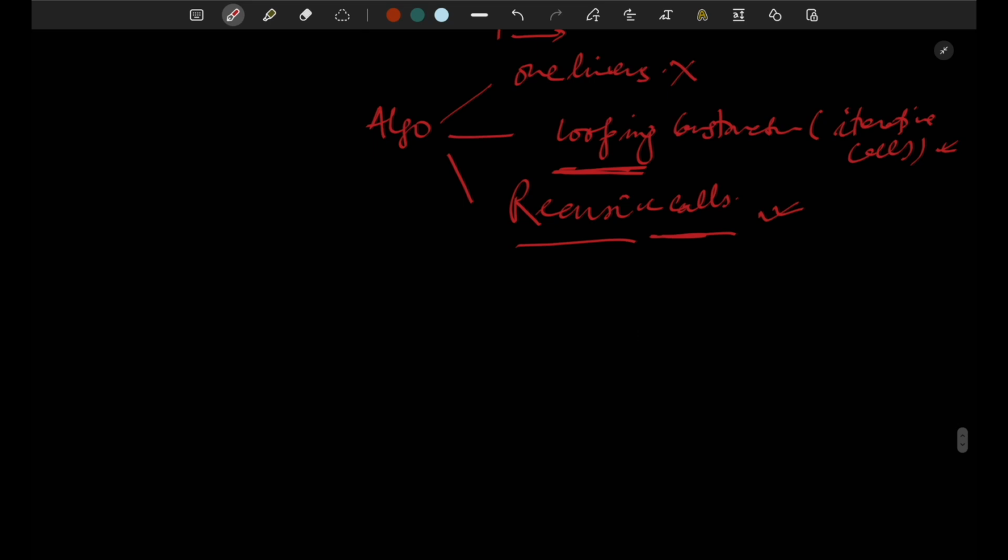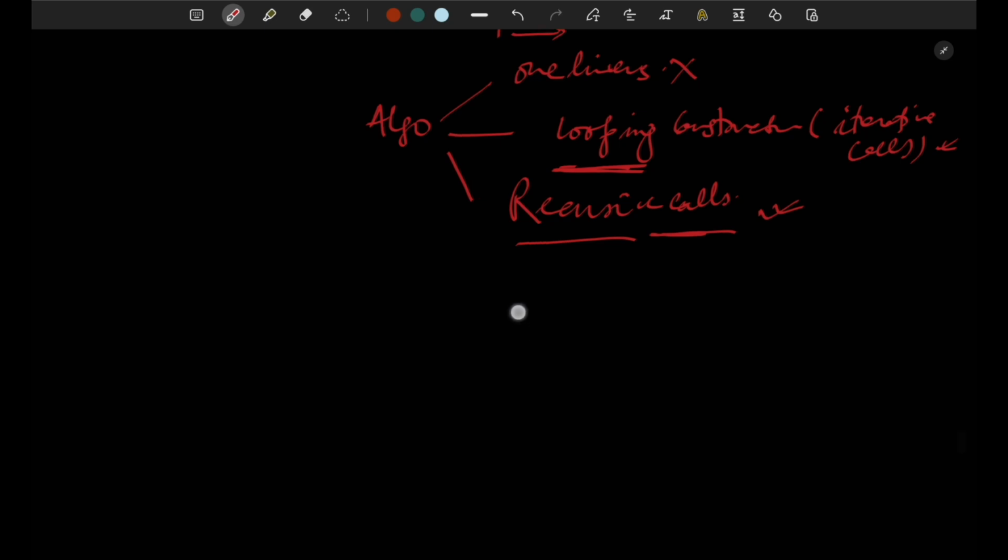And please note that any code which can be written in an iterative manner could also be written in a recursive manner. It depends on the kind of problem you are trying to solve, but there is no discussion regarding which one is better. Depending on the use case you have, you could go ahead with either the looping approach or the recursive approach.